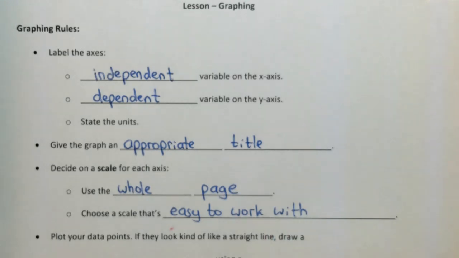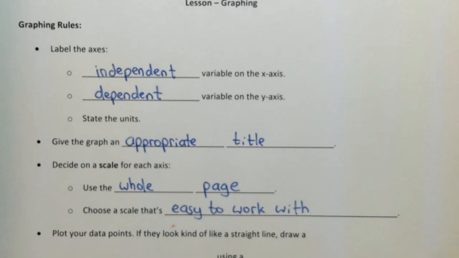So if each square on your graph paper is worth 1 or 2 or 5 or 10, that tends to work well. Setting it so that each square on your graph paper is worth 7.9 is not going to be very easy to work with, even though it might mean you take up the whole page. So sometimes it's a bit of a balance between these two things.